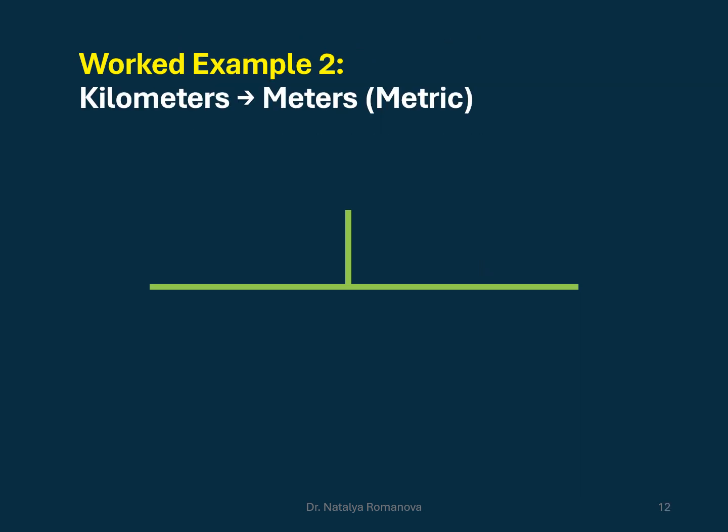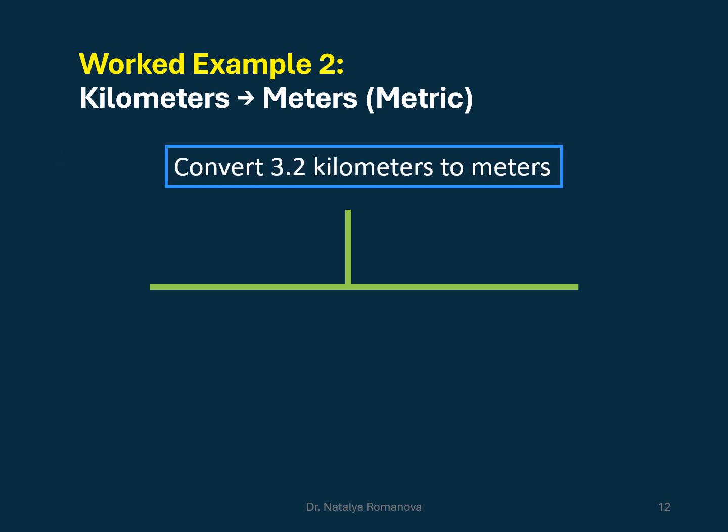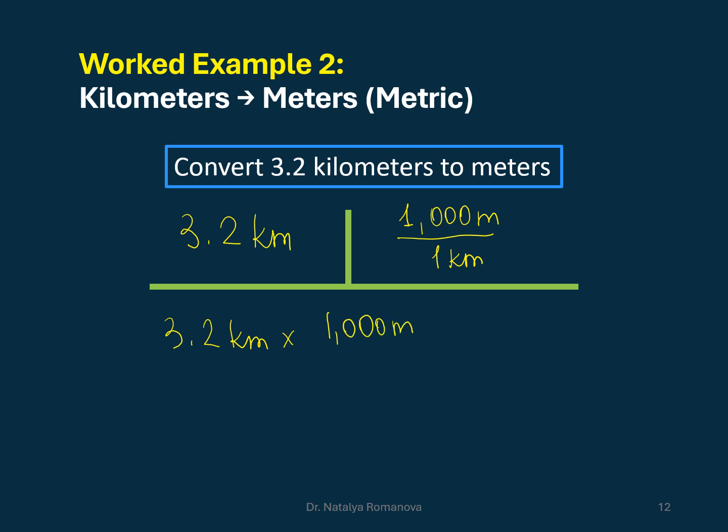Now metric. Convert 3.2 kilometers to meters. We have 3.2 kilometers. And we remember 1 kilometer is 1000 meters, so 1000 meters over 1 kilometer because we want to cancel kilometers. So now we multiply 3.2 kilometers times 1000 meters over 1 kilometer.